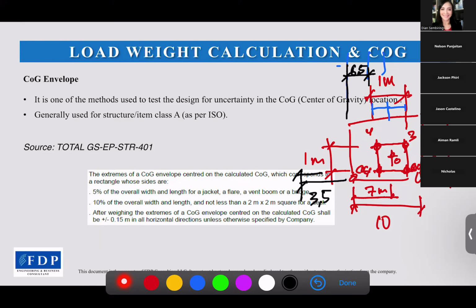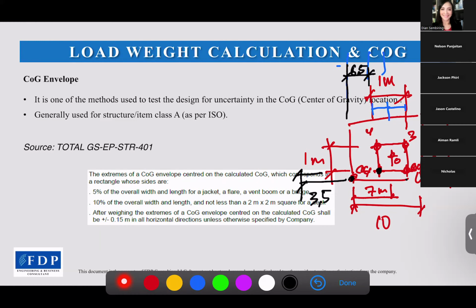So we now have 5 COGs, as 5 cases for the analysis. For example, for case 1, we use the original COG in the analysis to find the lifting point reaction. That's for case 1. And then we continue with COG1, the imaginary COG, to calculate the lifting point reaction here.